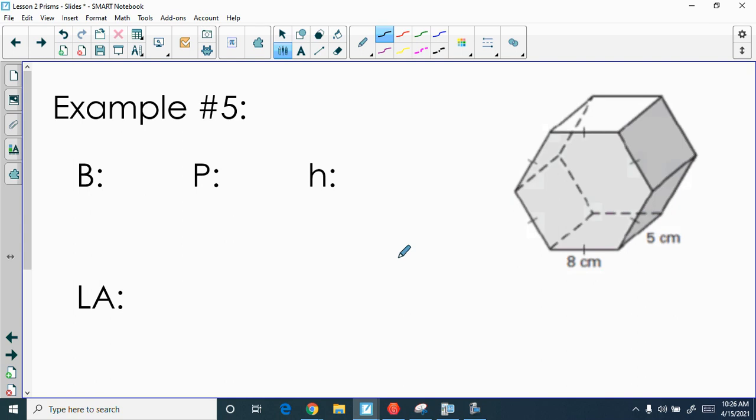Our last example here is an octagon. Sorry, not an octagon, a hexagon. So we're using a different base. Our formula for our base is 3 square root of 3 divided by 2 times our side squared. So that's going to be 3 square root of 3 over 2 times our side of our hexagon, which is 8.